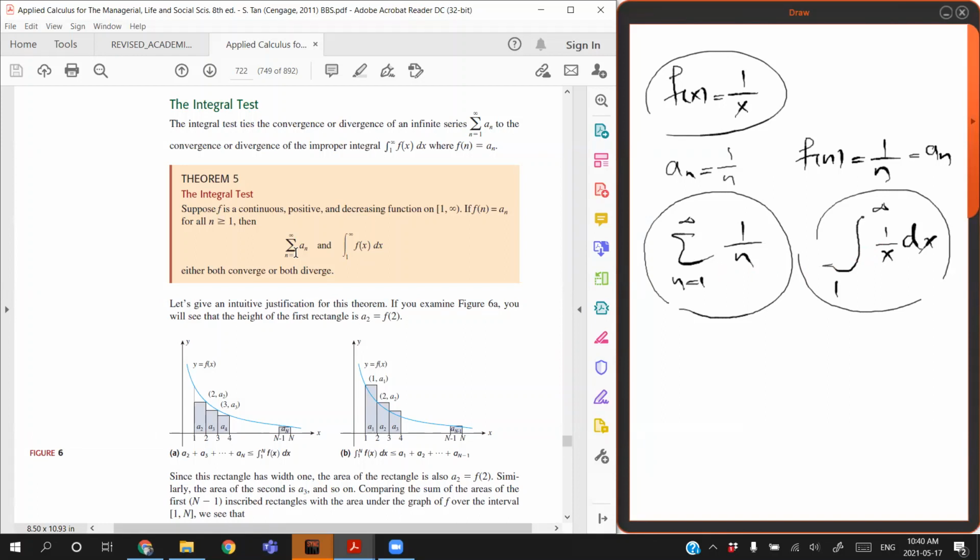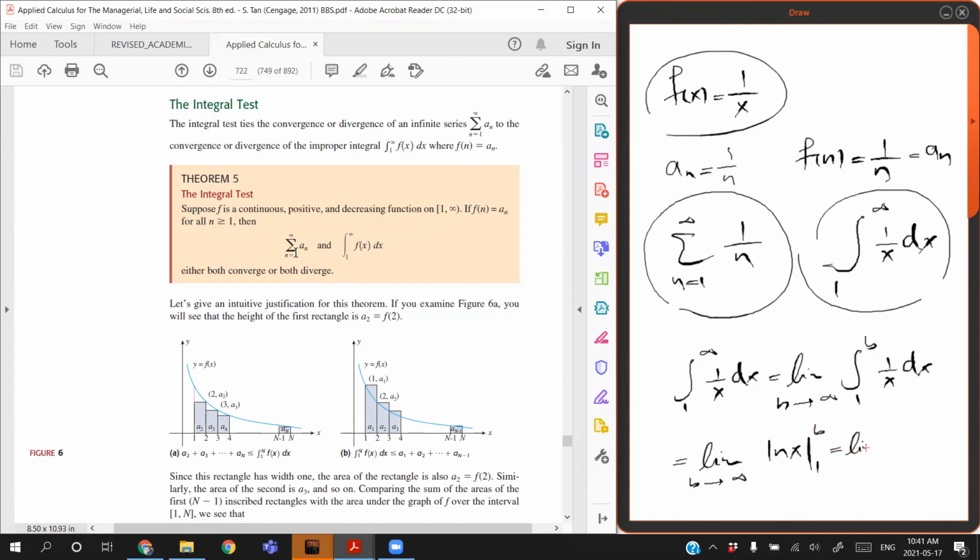And you know how we calculate this? We calculate this in terms of a limit. We say this is the limit as b approaches infinity of the integral from 1 to b of 1 over x dx, which is going to be the limit as b goes to infinity of ln of x from 1 to b.